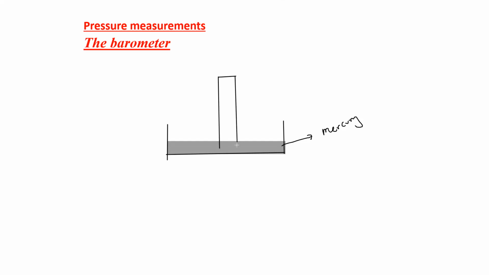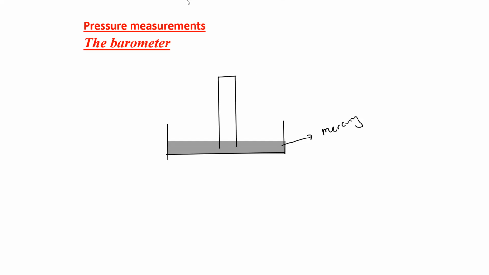What does it consist of? It consists of a large tray or a container which is filled with mercury, and there's a test tube which is inverted on this large tray.